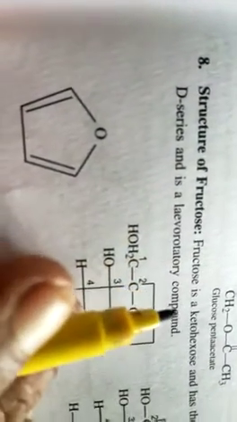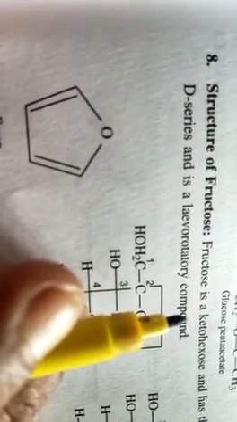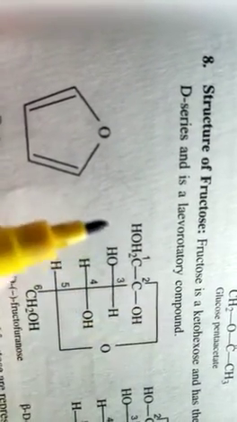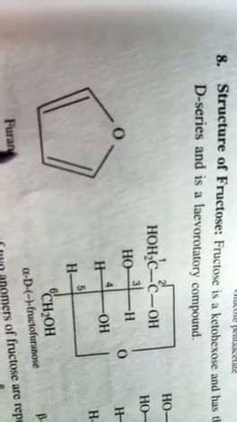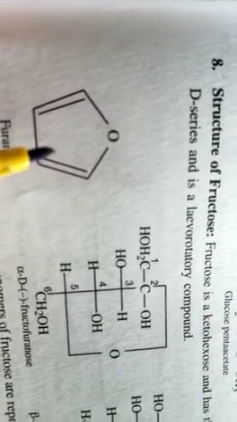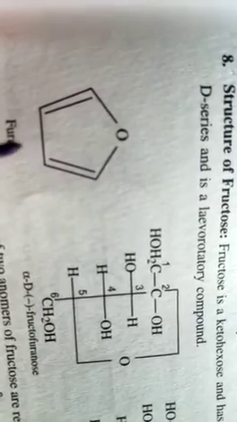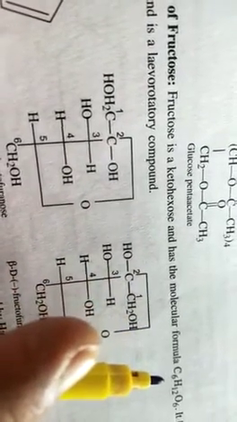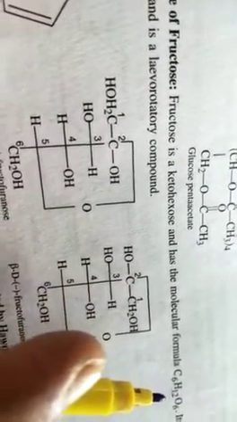Structure of fructose. Fructose contains a ketone group. It is a ketohexose. It has a furan type structure and has the molecular formula C6H12O6.